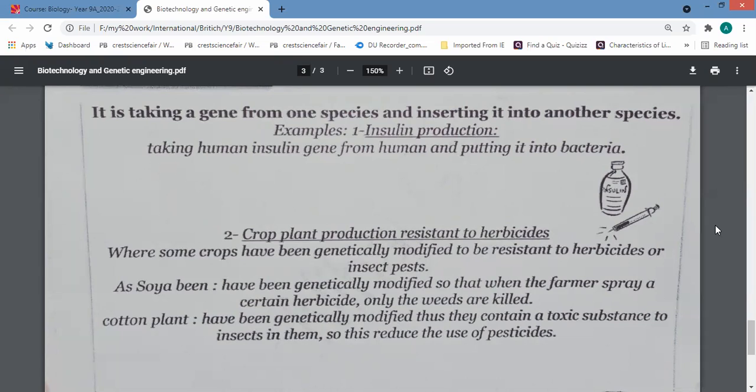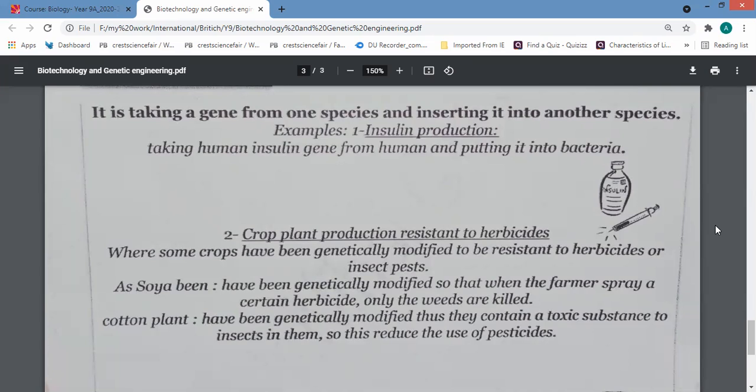The inserted gene may come from another species, but in genetic engineering we can also remove or change the genes in the same species without inserting genes from another one.